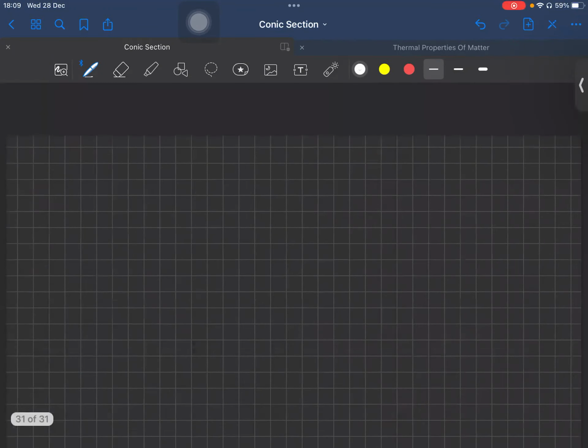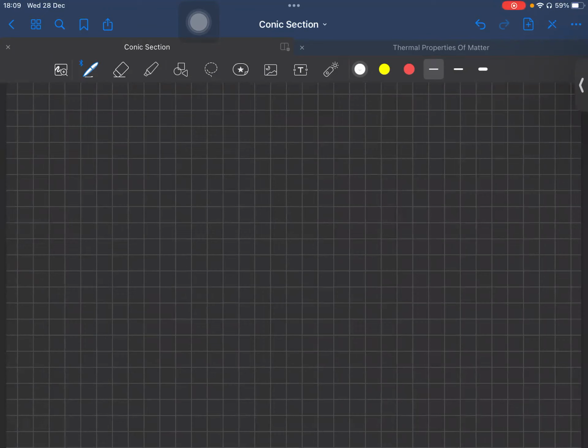All right. So let's go to the NCERT book exercise. What exercise? 11.3, right? Solve problems from here. Okay, so problem number 13.